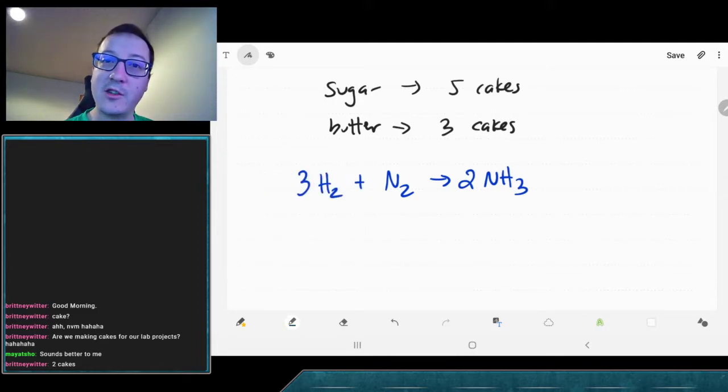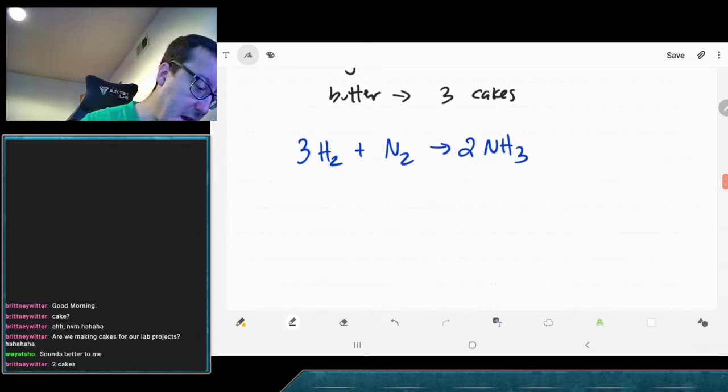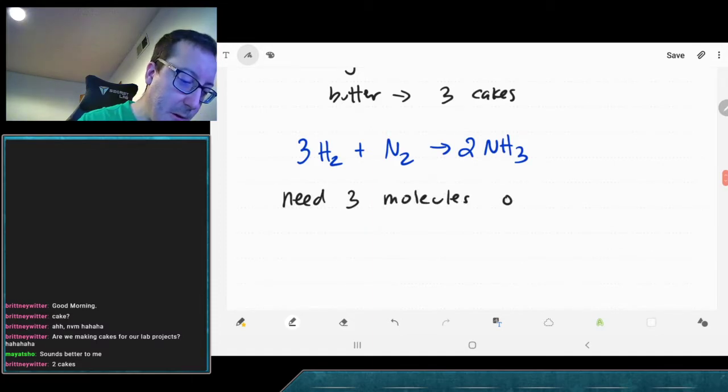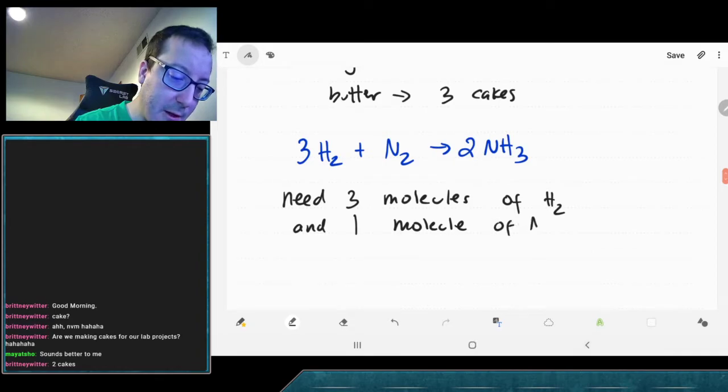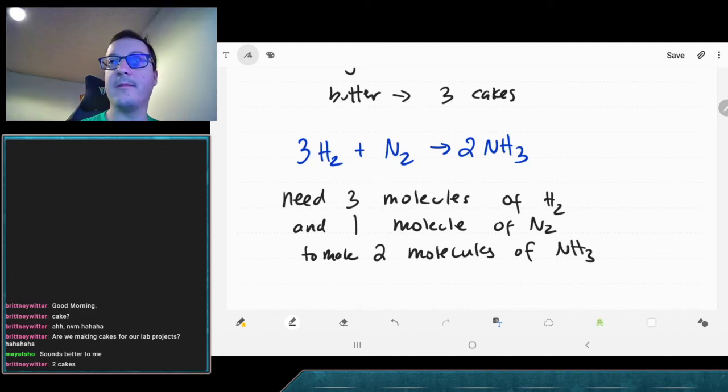What this reaction tells us is that we need 3 molecules of H2 and 1 molecule of N2 to make 2 molecules of ammonia.